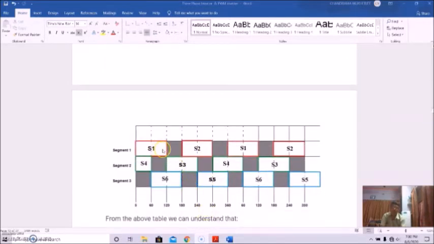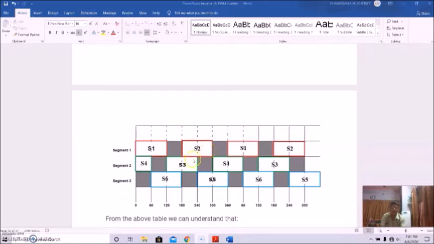Actually, this is H1, then S3, then H5. As you see, compared with the 180 degree conduction, H2 will start for segment 1 after 180 degree, so this will be from 180 to 240.